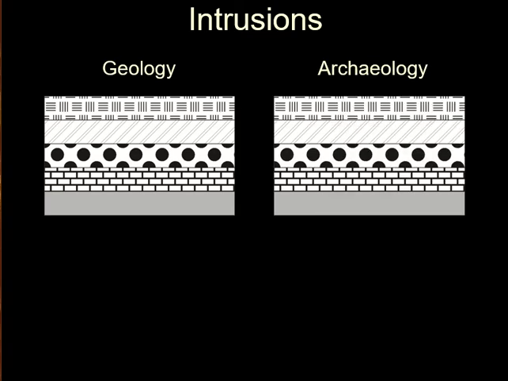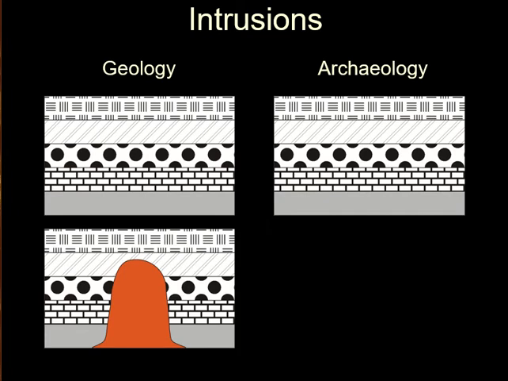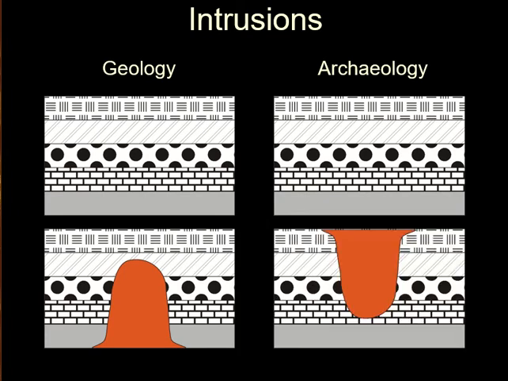Both geology and archaeology have strata, but for geology, intrusions come from beneath and come up into the strata, and in archaeology, they come from higher and go down deeper. In each case, they are emplaced after the surrounding environment, the country rock, as it's called in geology.